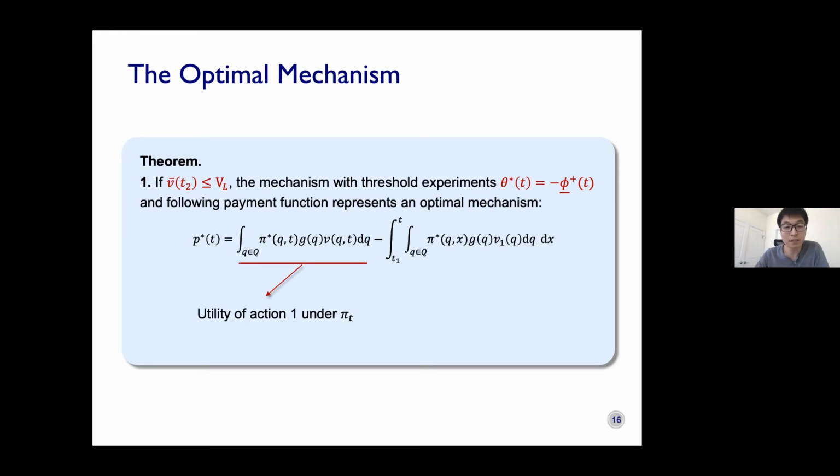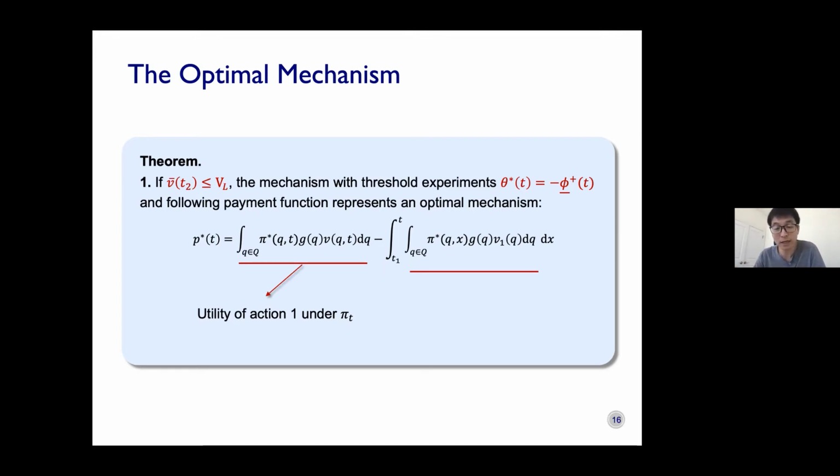The first term here is actually the utility of action 1 under the experiment π_t. If you look at it, it's just the integral obtained by taking expectation over q. Therefore, the second term here is the additional utility the buyer gets by participating in the mechanism, because it's the difference between his utility and the payment.